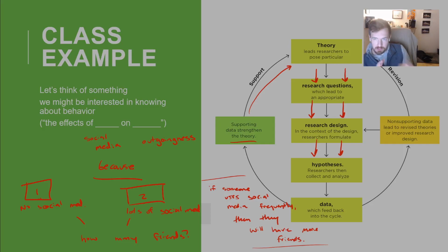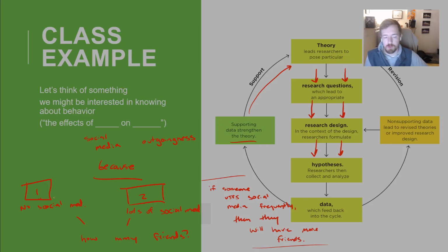So then we need to be a little bit more specific. Maybe we could say that we think it's TikTok specifically, that TikTok is training people to become more social. If that's the case, then we would adjust our theory to say that it's TikTok that's doing this. And then we would do this same study, but as you can see, that theory is going to change up our question here.